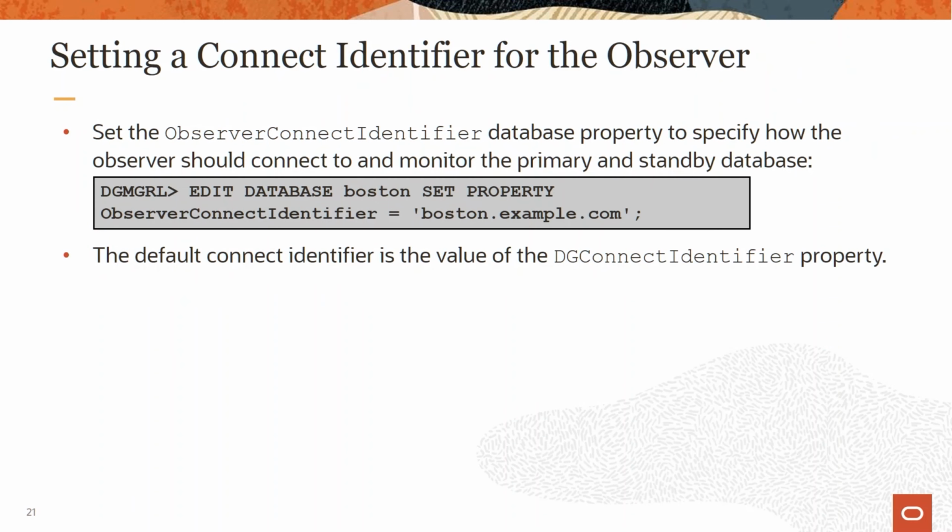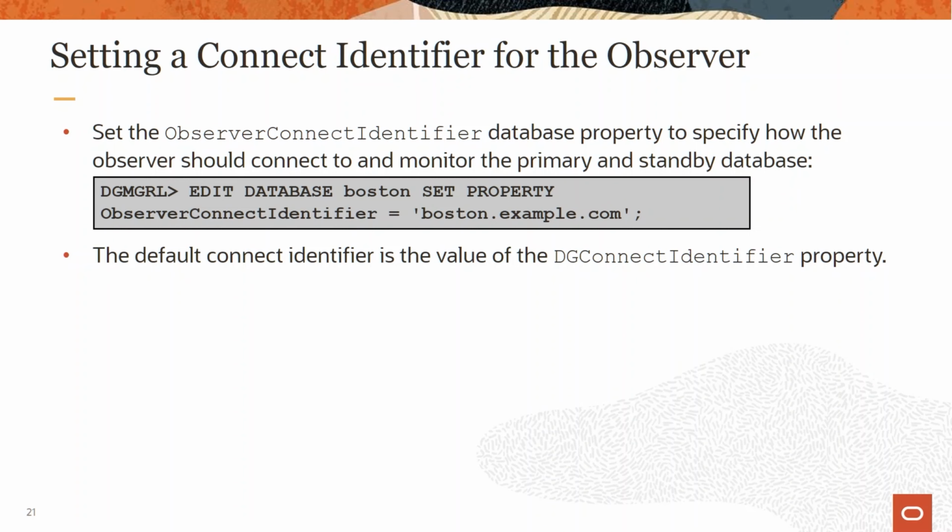And also setting the connect identifier for the observer. You can specify the observer connect identifier to specify which net service name, which service you want to use. The default connect identifier is the value of the DG connect identifier.